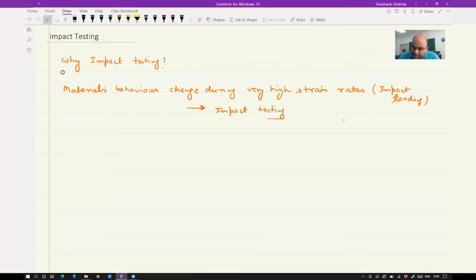Okay, so in fact, when your strain rate is very high, a material tends to show brittle type of behavior, especially if the temperature is low. Okay, so we are going to also study about DBTT, which is ductile to brittle transition temperature.